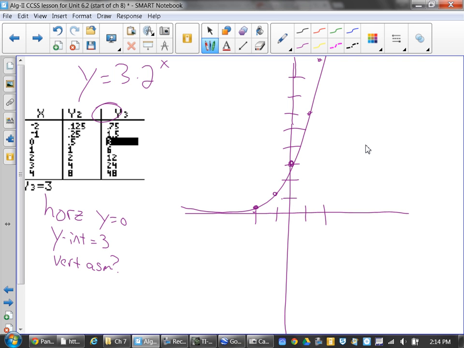If there's a vertical asymptote, that means that there has to be some value of x that won't work. Is there any value of x that won't work? No. There's no value of x that won't make this work. You're always going to be able to generate a value. So there is no vertical asymptote. Exponential functions will not have vertical asymptotes. When we get to logarithms, that might be different.